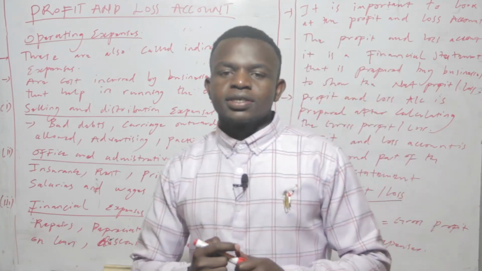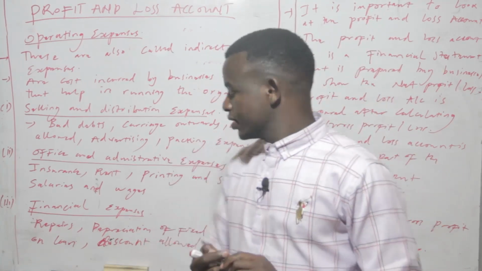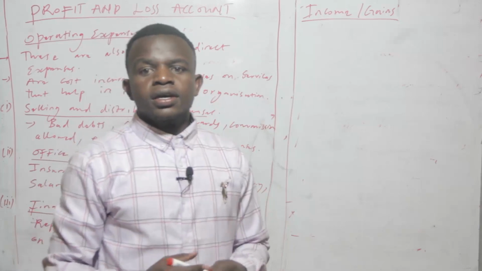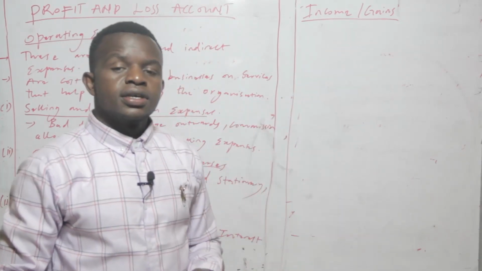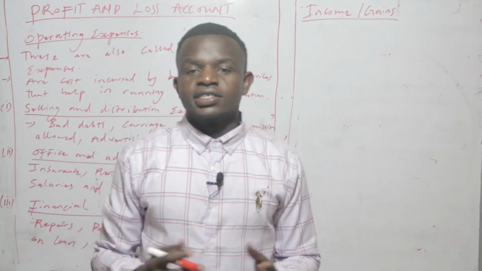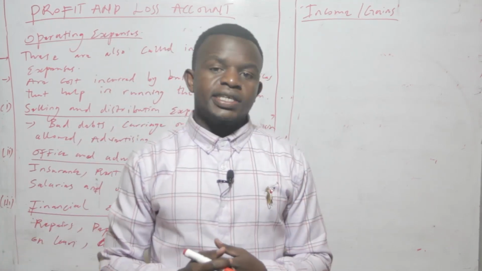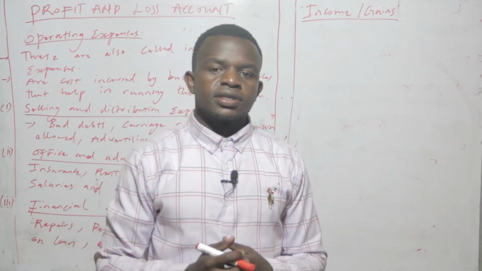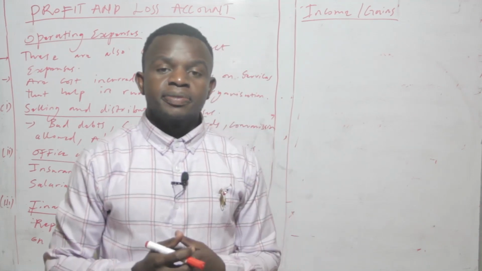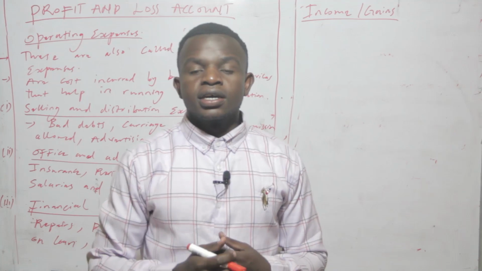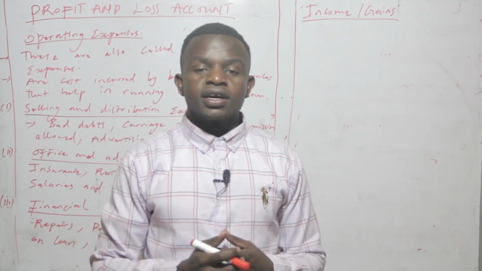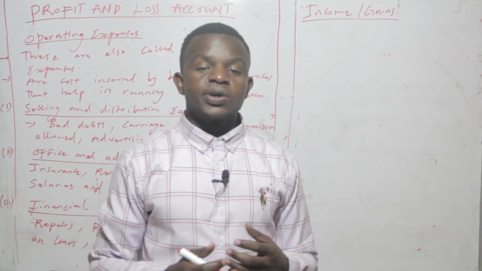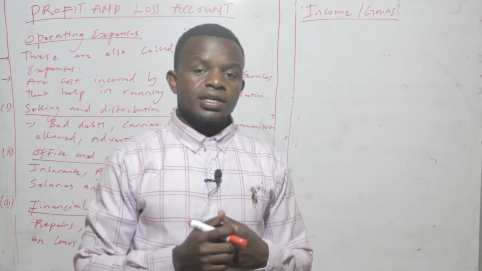Where you have questions, please ask in the group. Let us now look at income or gains. Most of the revenue that is generated by businesses is obtained from sales. But in some cases, businesses can generate income which is not coming from sales, and such income is referred to as additional income or supplementary income.